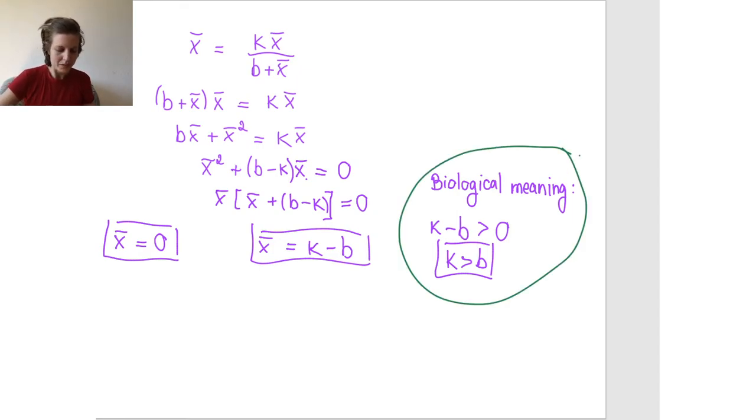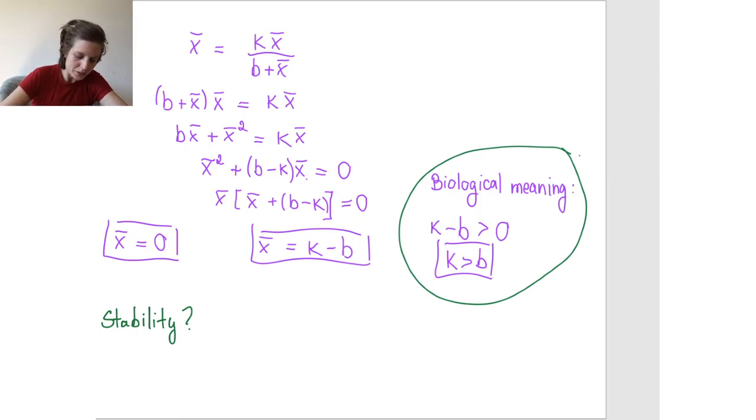Okay, and letter B asks if these steady states are stable. So it asks you to analyze the stability. For that you need to calculate the f prime of x.